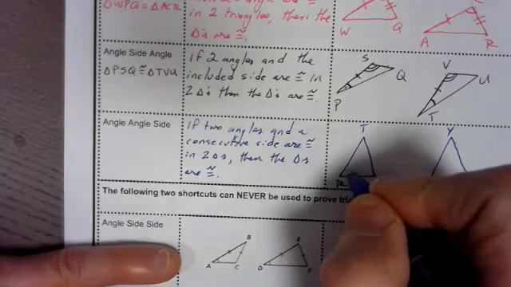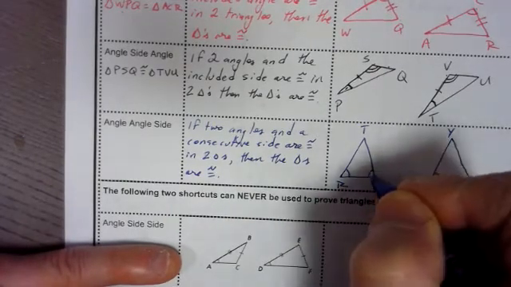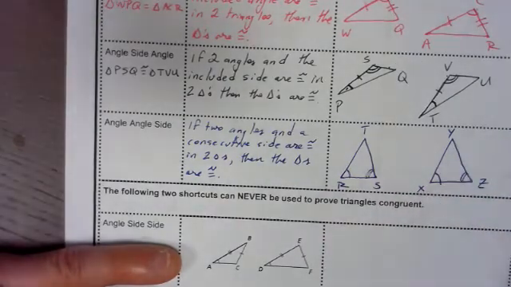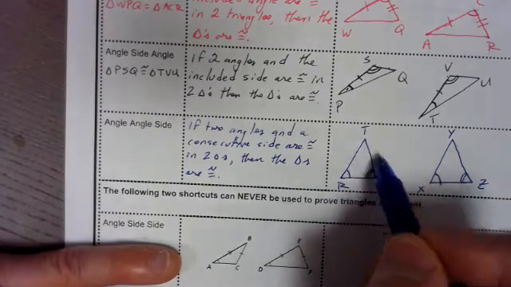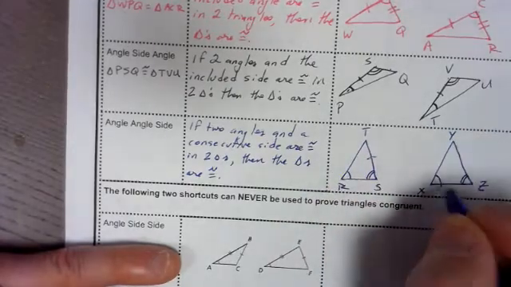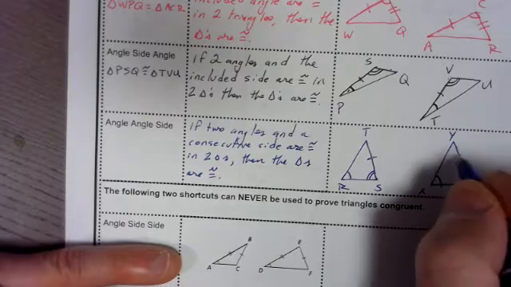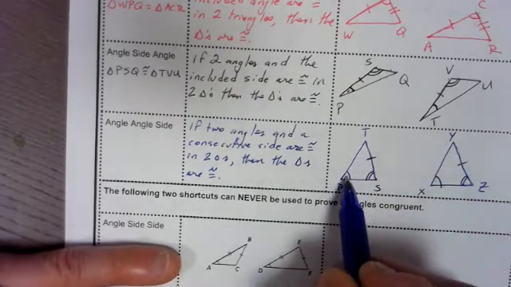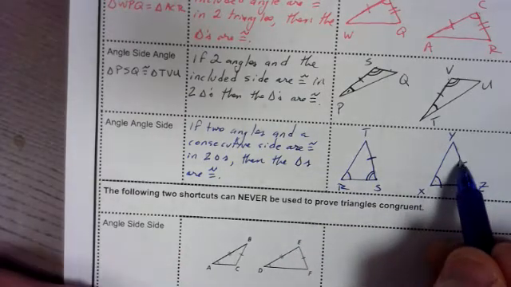So now I'm going to tell you that angle R is congruent to angle X, and angle S is congruent to angle Z. So they might not be isosceles. So we have one angle, another angle, and then the very next side right here. This one, side TS. Angle, angle, and the next side right over here, if we're going around the triangle. These are congruent to each other. So we have angle, angle, and then the next side.